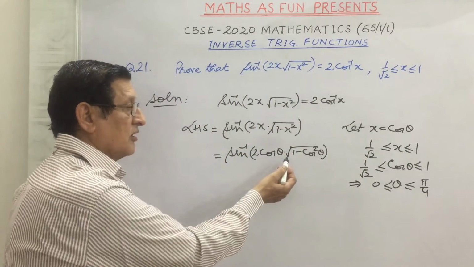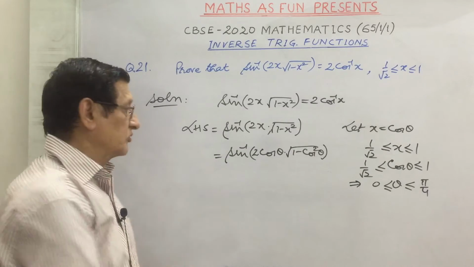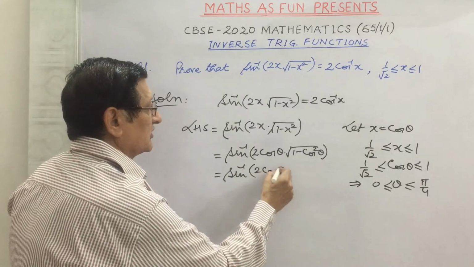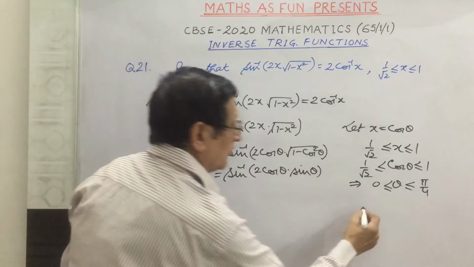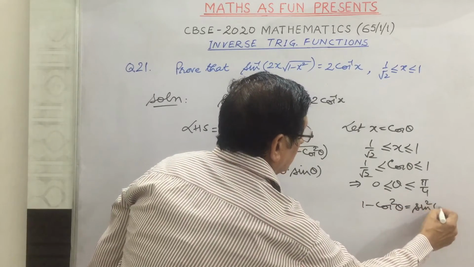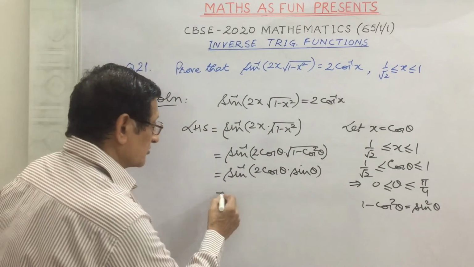What about this? We know root of 1 minus cos square theta is root of sine square theta, since 1 minus cos square theta is equal to sine square theta. So this comes as sine inverse of 2 cos theta into sine theta.